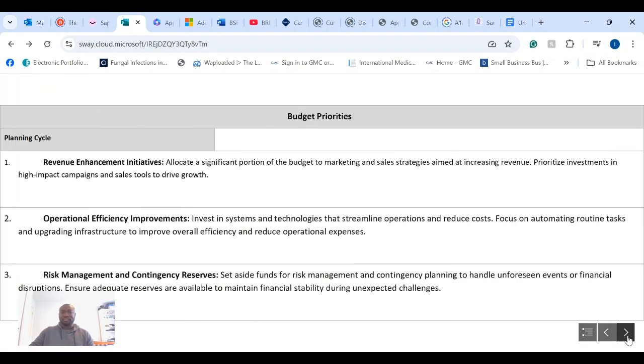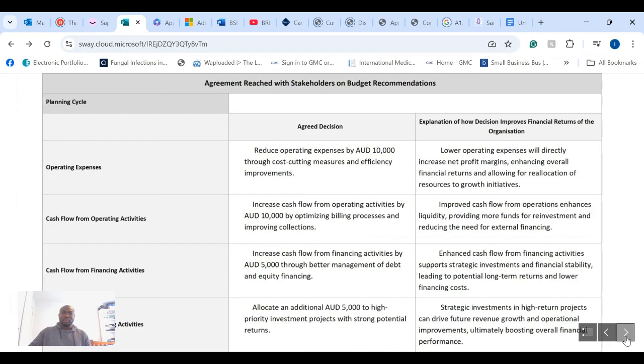Moving on to what we've discussed, after the discussion we've agreed that in terms of operating expenses, we are going to reduce operating expenses by 10,000 AUD through cost cutting measures and efficiency improvements.